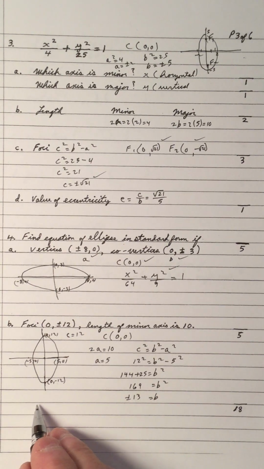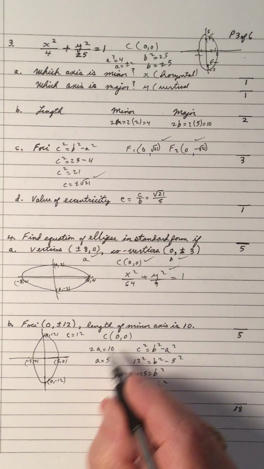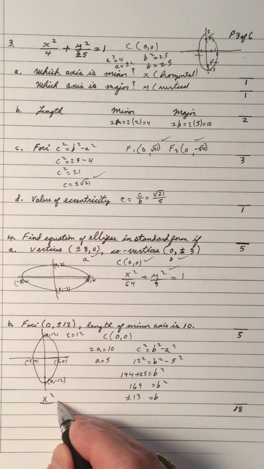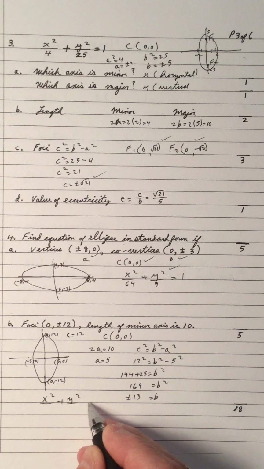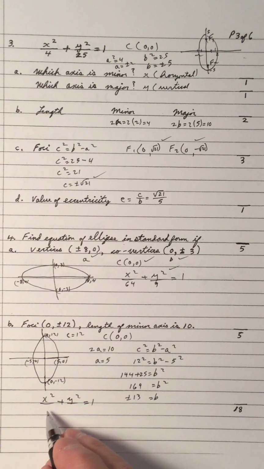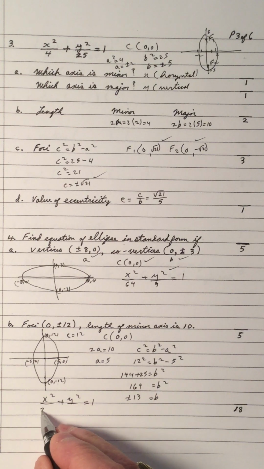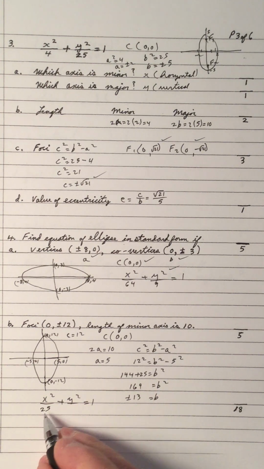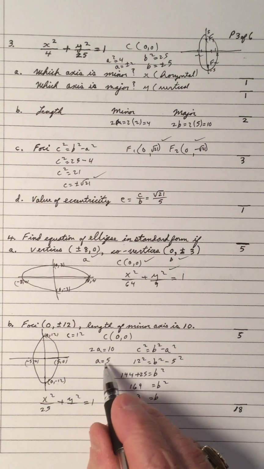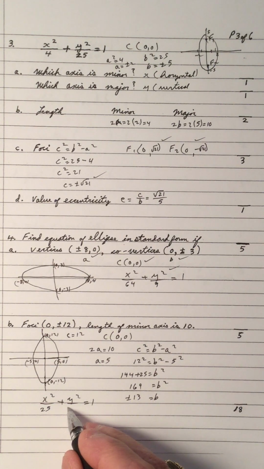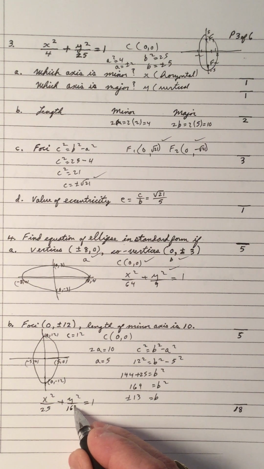So the equation is, the center is (0, 0), so it's x squared over, y squared over, equals 1. And a is 5 with the x, so that's 25. And b is 13, so this is 13 squared, which is 169.